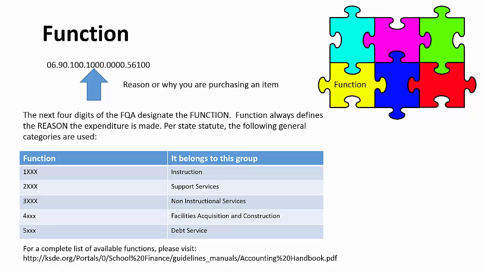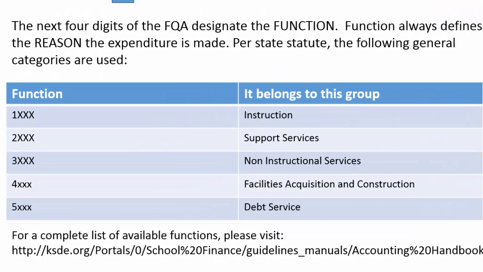Per state statutes, the following general categories will be used. Functions beginning with 1 always represent instruction. These would be for things where there's a direct interaction between a pupil and a teacher, or a pupil and a para-instructional aid or other learning opportunity. Any function starting with 2 represents support services.